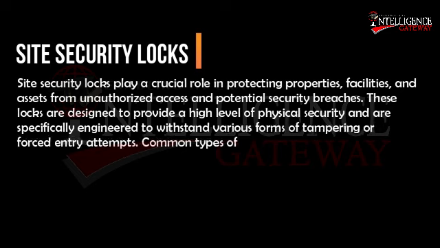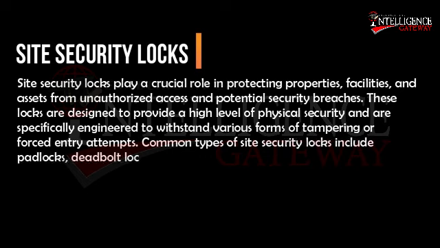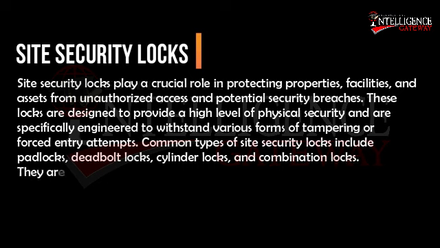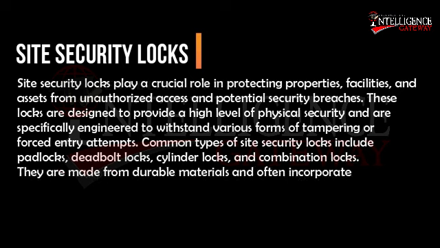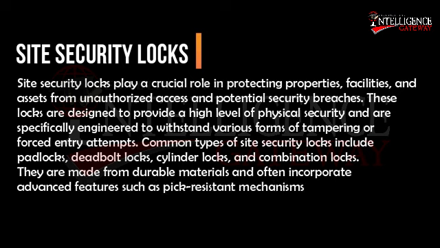Common types of site security locks include padlocks, deadbolt locks, cylinder locks, and combination locks. They are made from durable materials and often incorporate advanced features such as pick-resistant mechanisms, reinforced shrouds, and anti-drill plates.